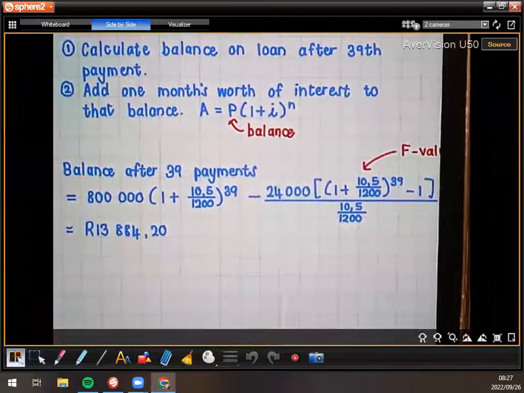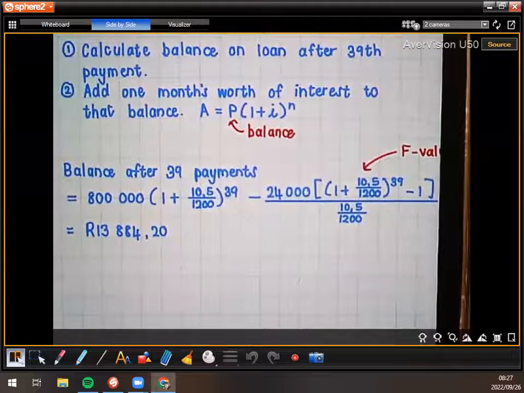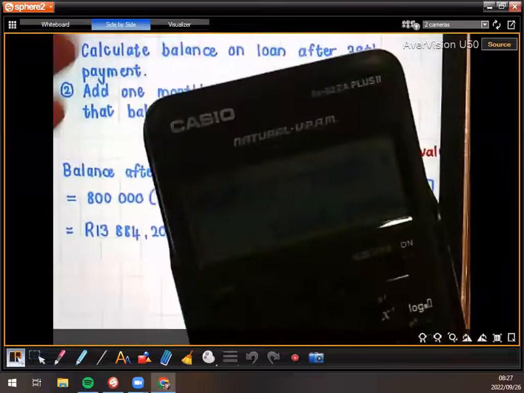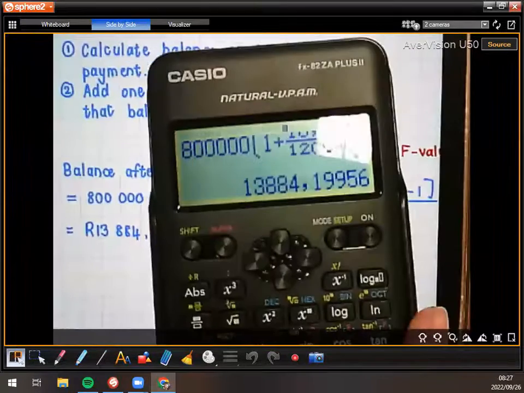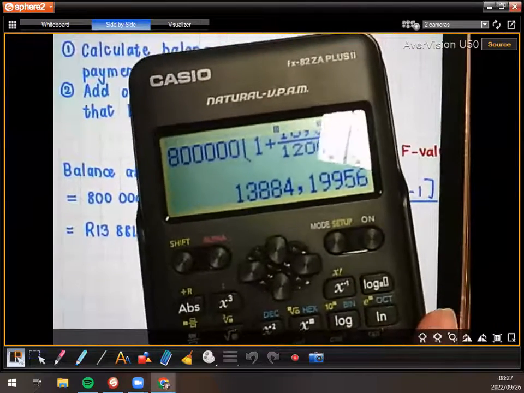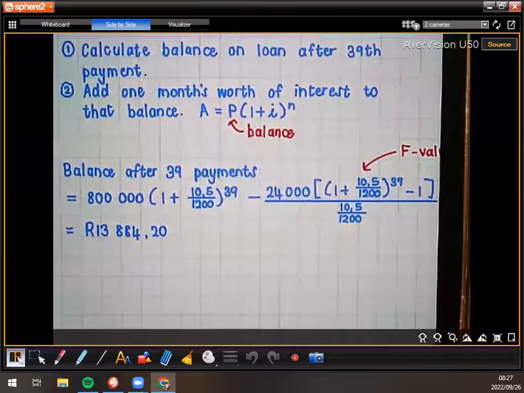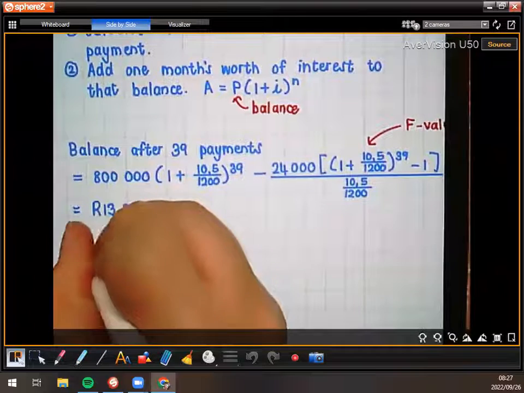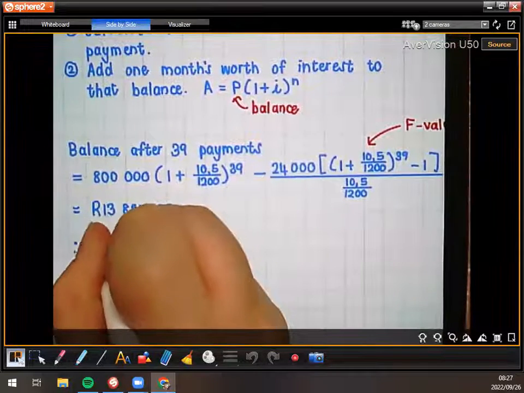But guys, this is rounded off. Remember, it's not the final answer. You need to put this in your calculator because it's actually 13,884.199. I just rounded it to .20. So that's step one. Now you're going to say, therefore, final payment.